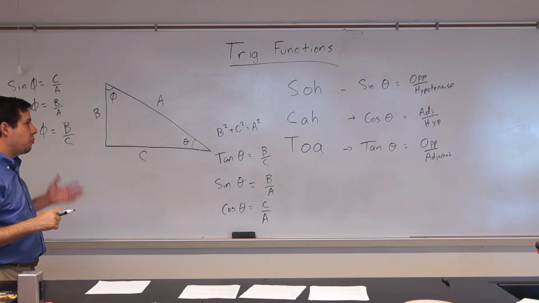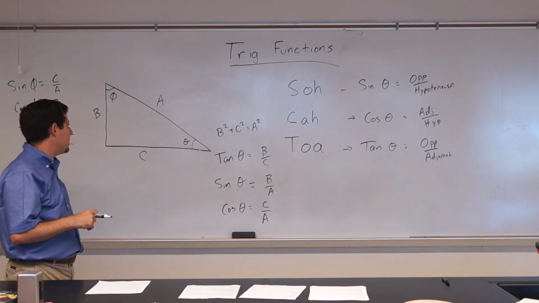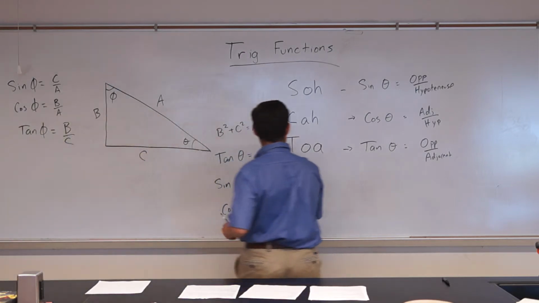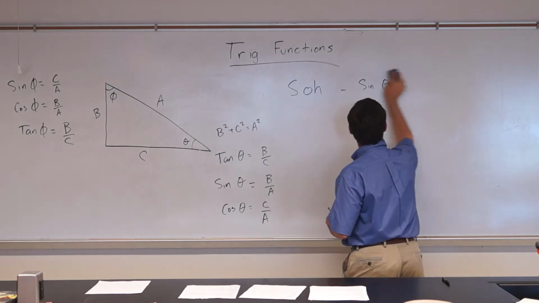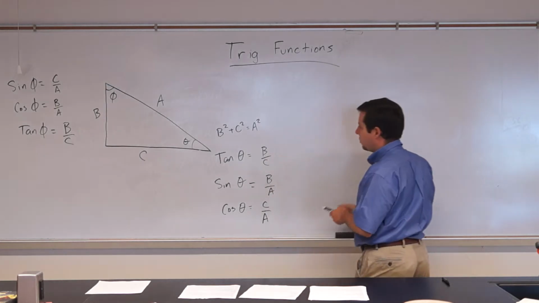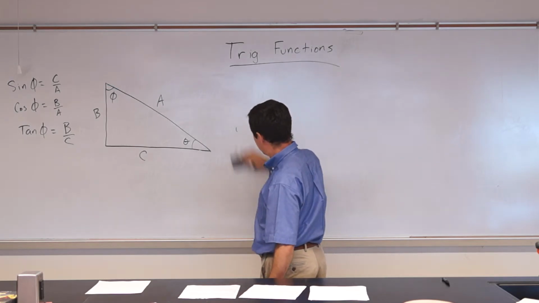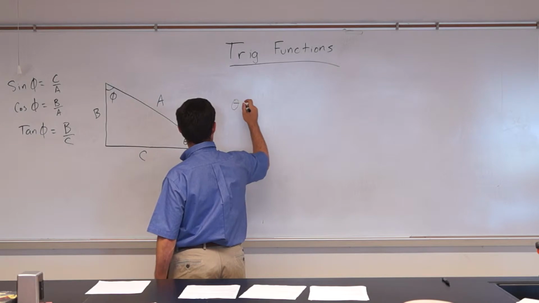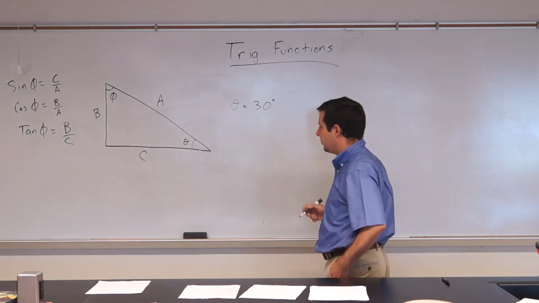We're going to use these a lot, especially as we do vectors. So let's say, for example, that we have a certain angle. I'm going to just make something up here. Let's say that angle theta is 30 degrees, right?